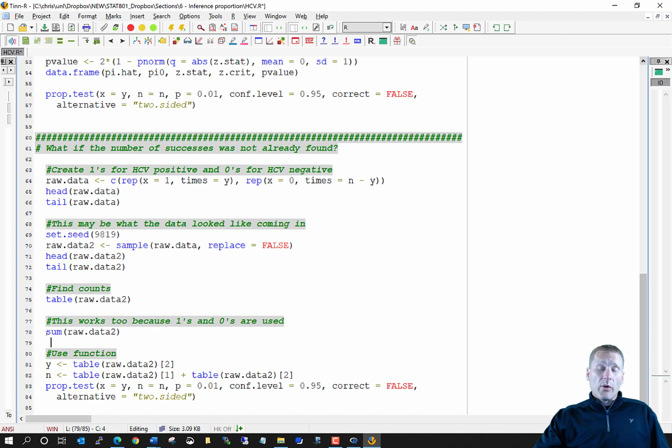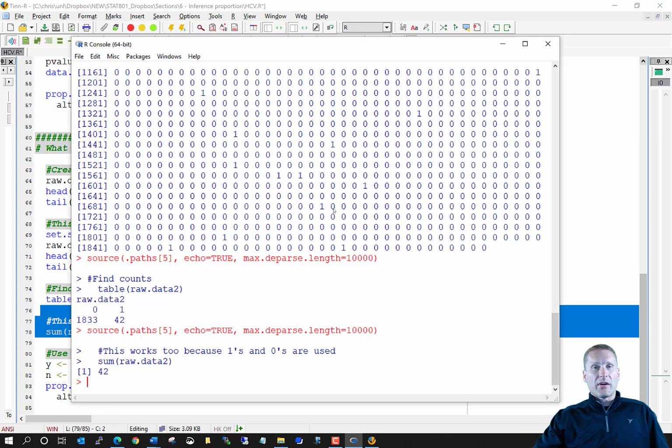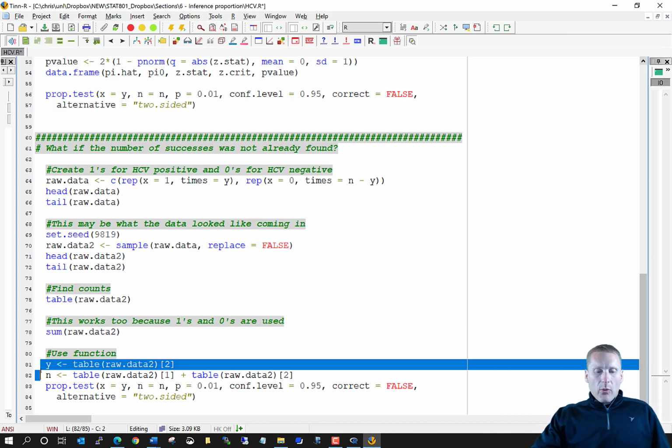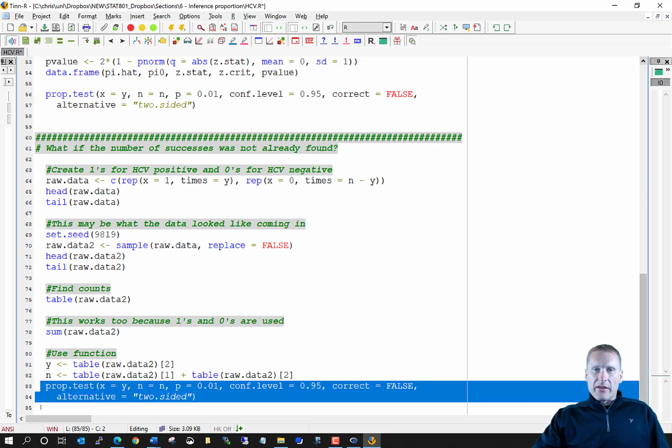Also, since I'm using ones and zeros, if I want to find how many ones I have, just use the sum function. Let's sum them up. And once you have that, you can use that information to find what y is, to find what n is, and then use prop.test.